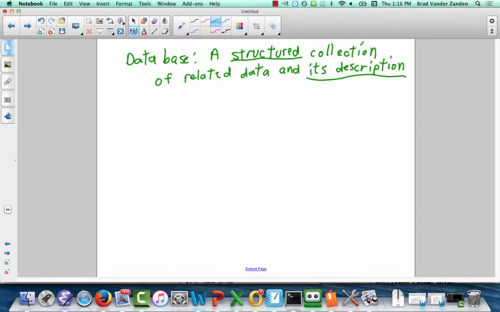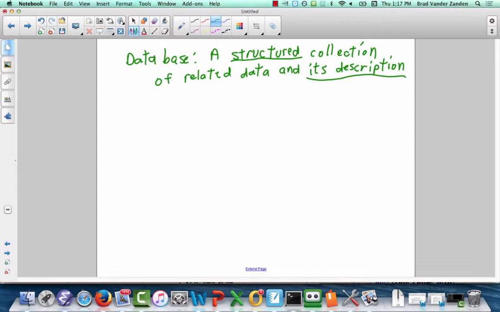So structured is important. The second thing is description. That sounds kind of vague. Description means basically the fields and their types. So with the credit cards, you have a name field. Its type is a string. You have an account number field. Its type is an integer. That's what's meant by description.